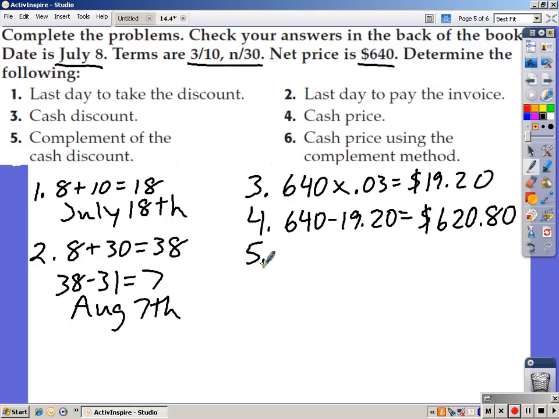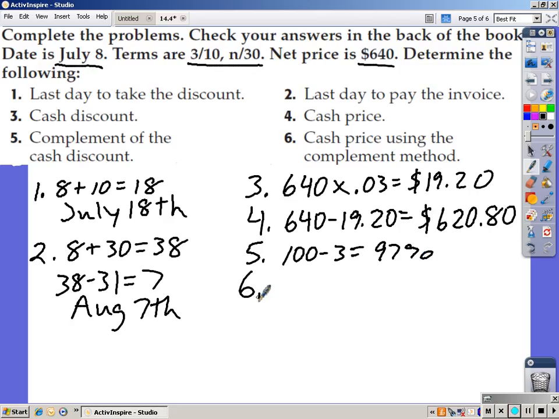Number 5, find the complement of the cash discount. I told you several times that the cash discount and the complement must add up to 100. So if you simply take 100 minus the cash discount, which is 3%, that leaves you with 97%, which is the complement.